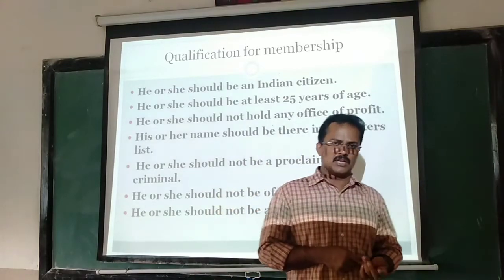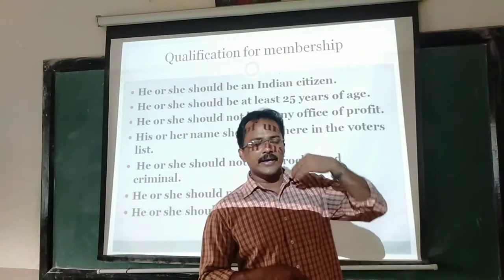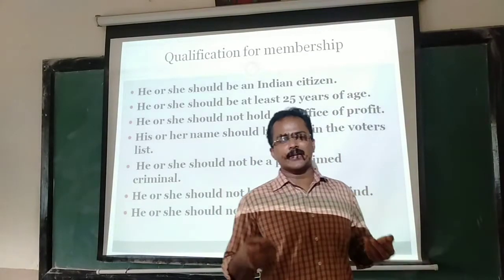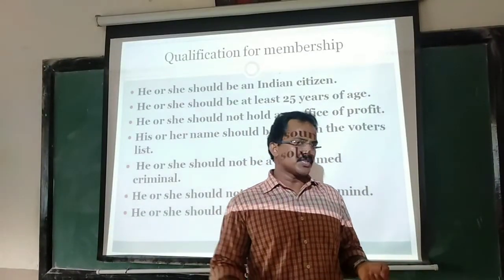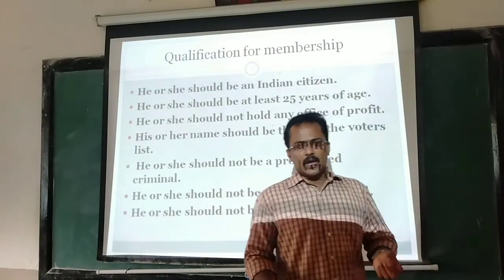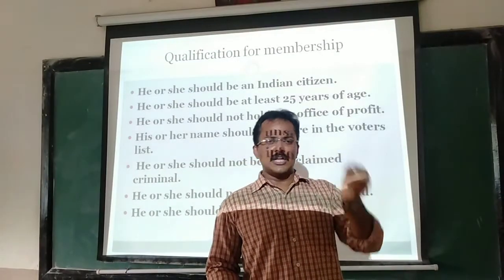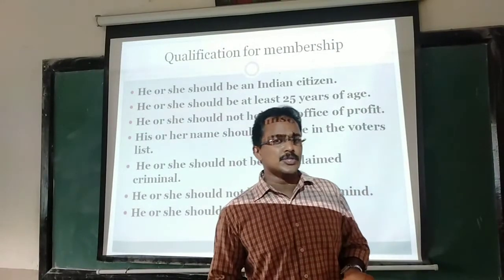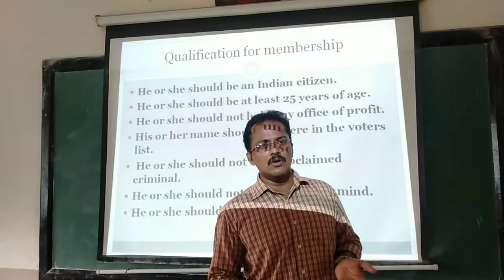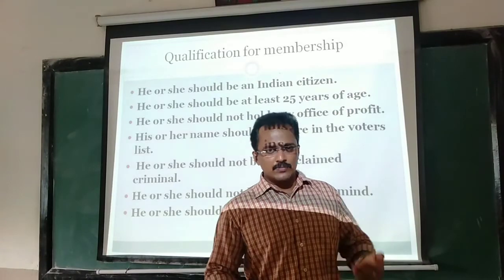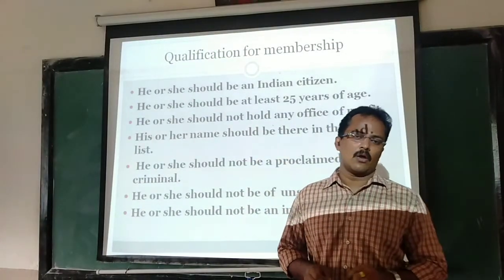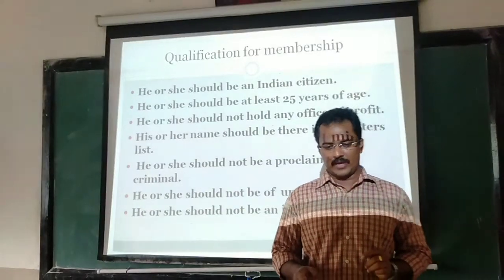Due to resignation, if the member gives the resignation letter to the Speaker of Lok Sabha and the Speaker accepts this resignation, the seat falls vacant. If a member is continuously absent for 60 days without informing the House, his seat will fall vacant. So these are the situations when the seat of a Lok Sabha member falls vacant.